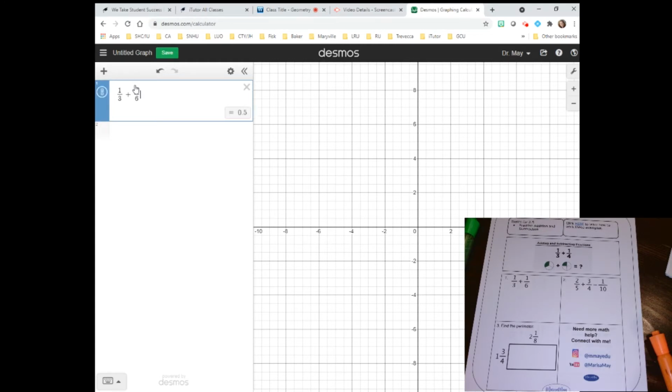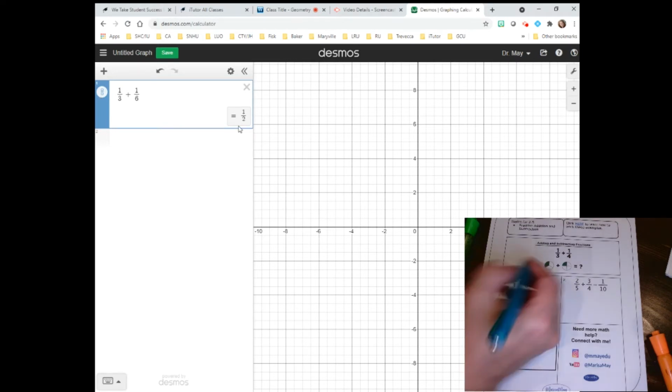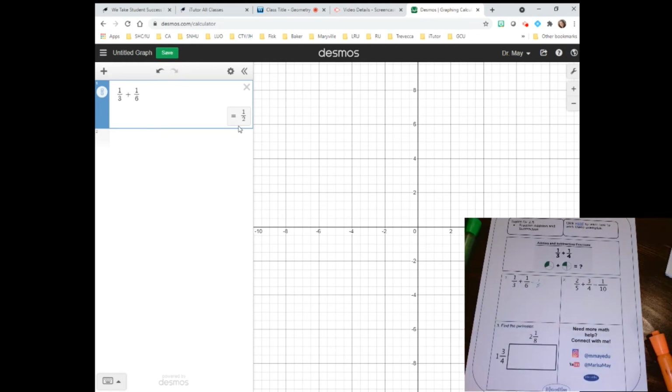And again, notice the calculator made the change to a fraction. And I love that. And it even gives me the answer here. Now, I'm probably not going to want my answer in that decimal though, but look at this nice little button over here. I can click on that and Desmos gives me the answer in a fraction. I love that. How nice.